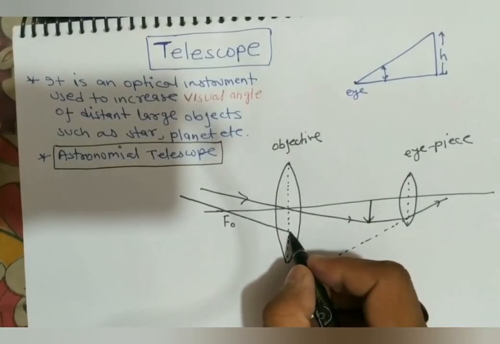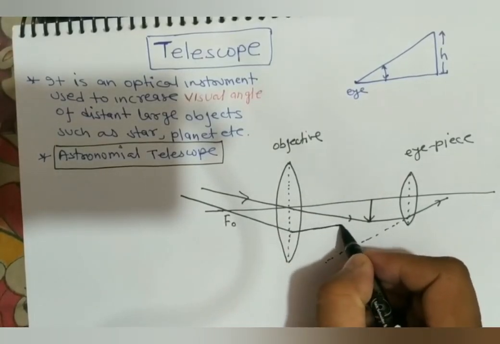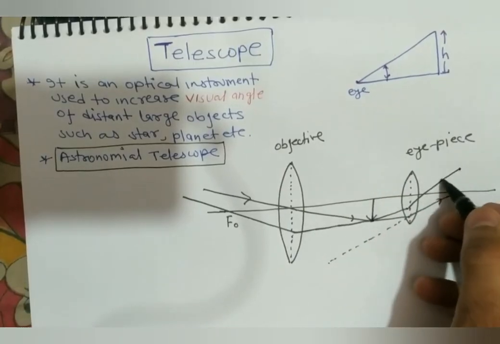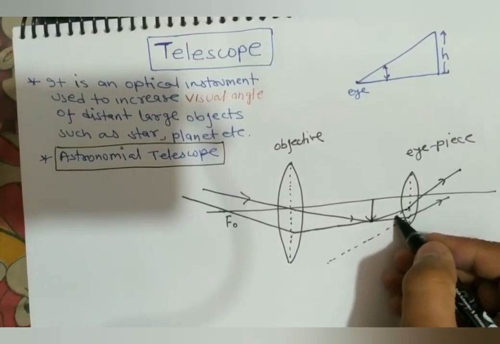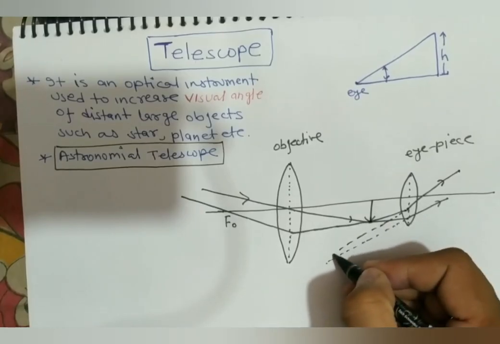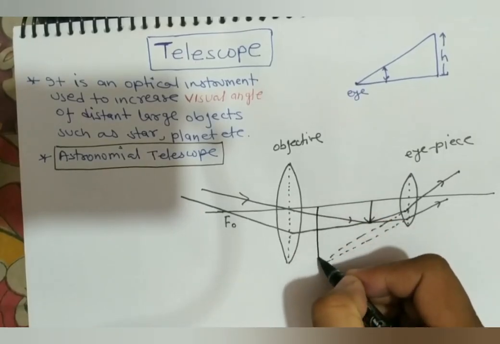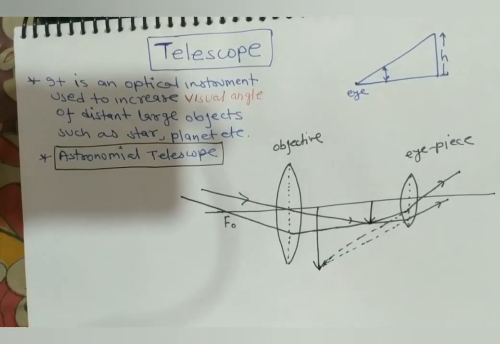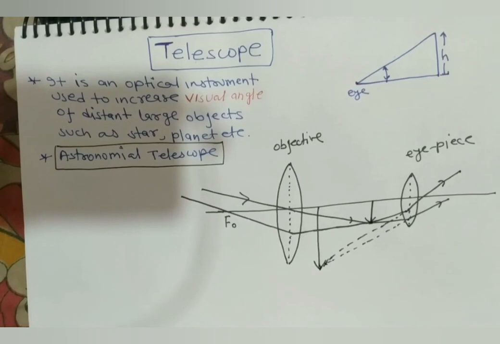We have already discussed this in the compound microscope. Light will go like this and the extended light will form the image. Let it be here. This is the basic ray diagram.